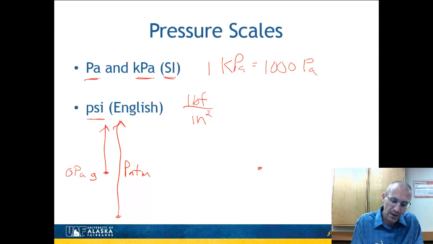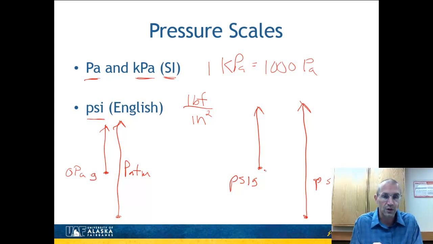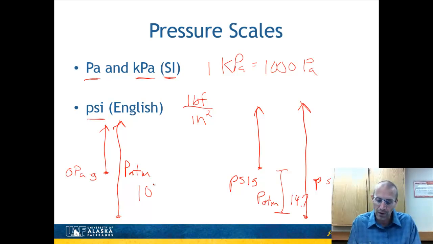Again, I've got both a gauge system and an absolute system. And here what we use is PSIG and PSIA for gauge versus absolute. And the difference between them is atmospheric pressure, PATM. That's about 14.7 PSIA, or about 101 kilopascals.